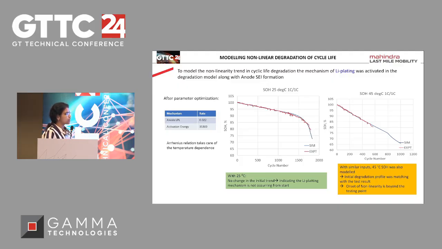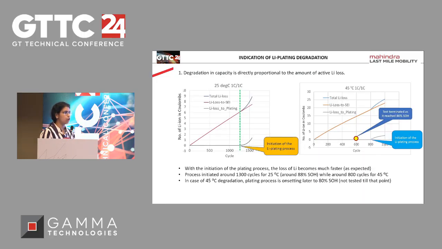So we tried to understand how this process is actually taking place in the model. We looked into other aspects such as the lithium loss. What kind of lithium loss is happening?